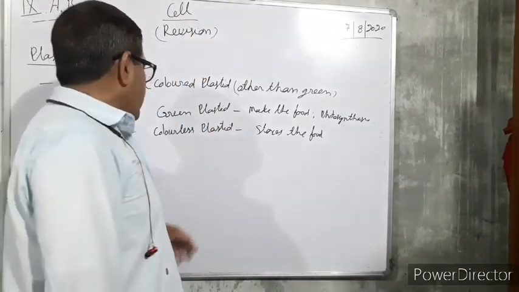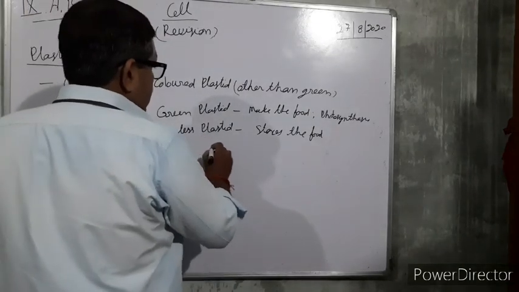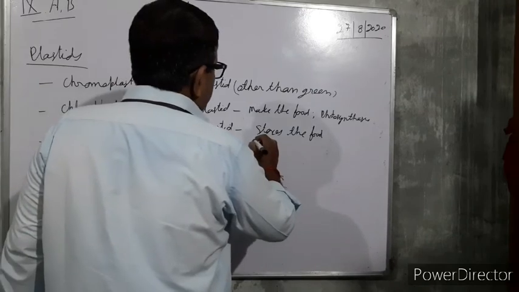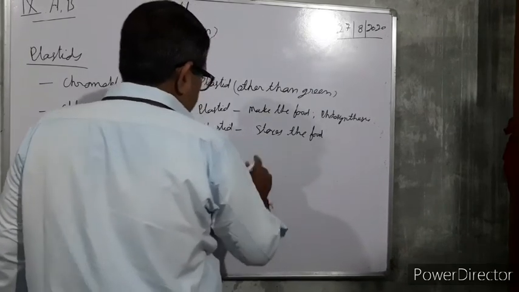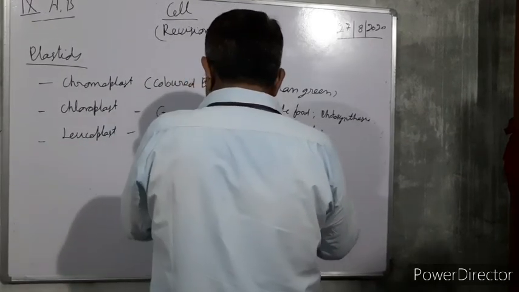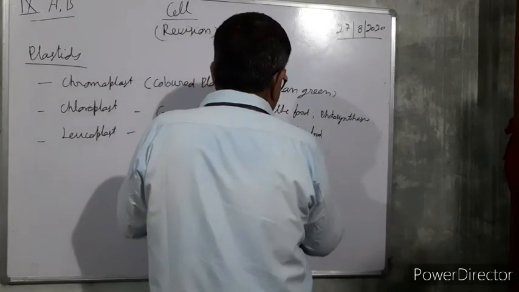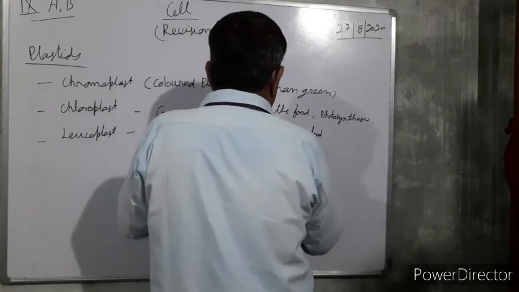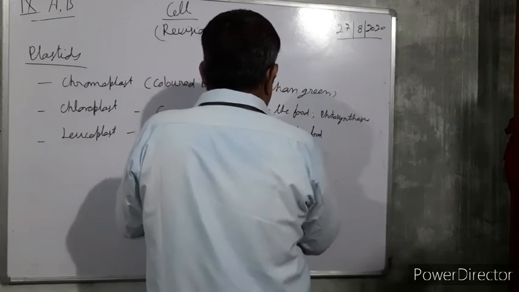So on this basis, colored plastids are divided into three types, as they store the food. One plastid is called amyloplast.